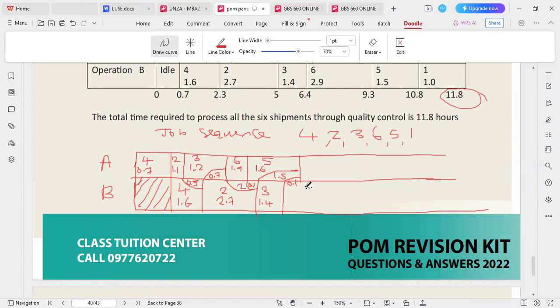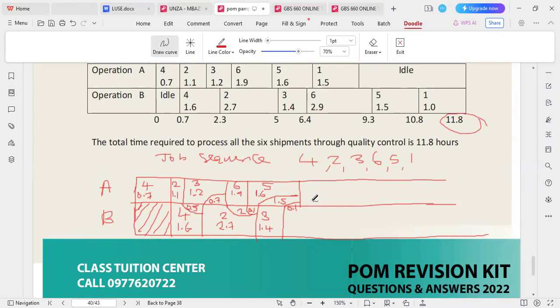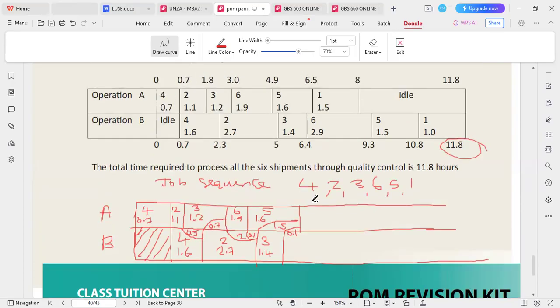So what is going on here is that by the time they're finishing running job 5, job 3 is fully completed. So they can start running job 6 here in operation B. Job 6 in operation B is taking 2.9.